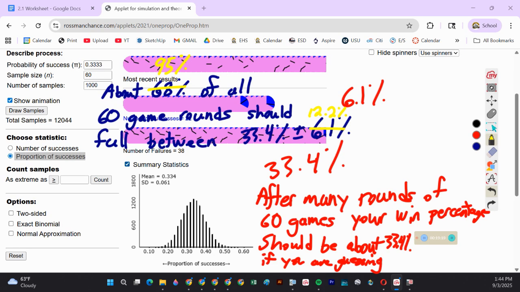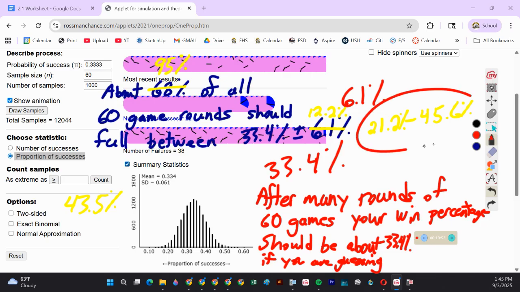So if we use that as the rule, 16, does this histogram support your claim that you are better than average at rock, paper, scissors? What was your score? 43.5%. And that's within 2 standard deviations. So 33.4 plus or minus 12.2, that's going to give us 21.2 up to 45.6.